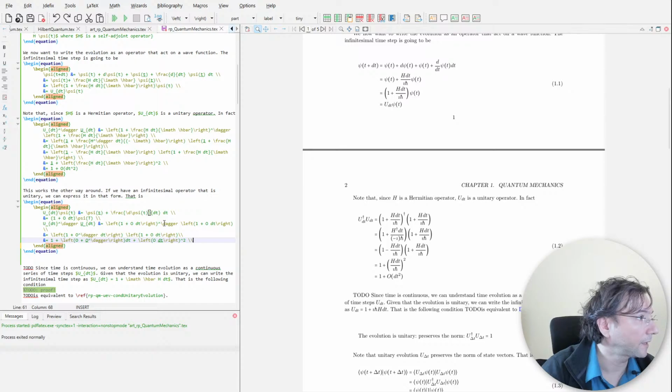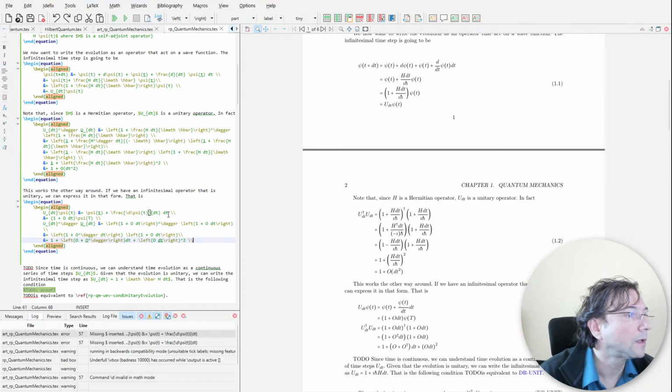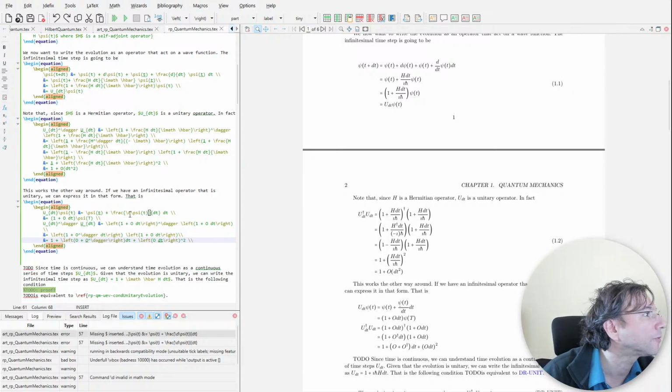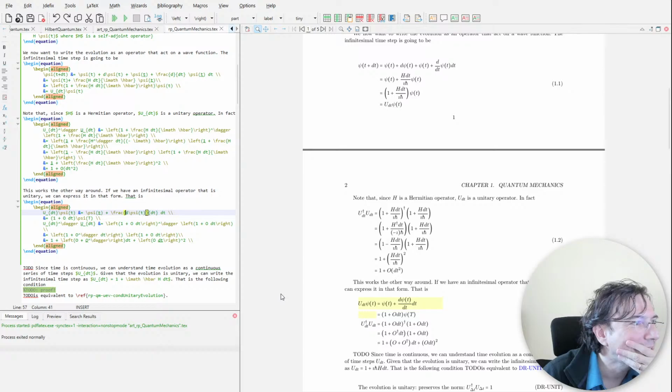Okay, so let's check. Okay, so I have an operator that advances time, and I know that it's infinitesimal, so I can put d. I'm already missing a d because I keep putting this backslash before the d, which does not make any sense.